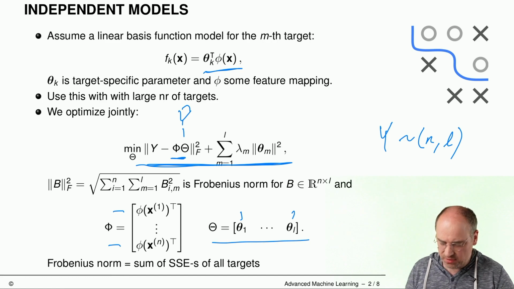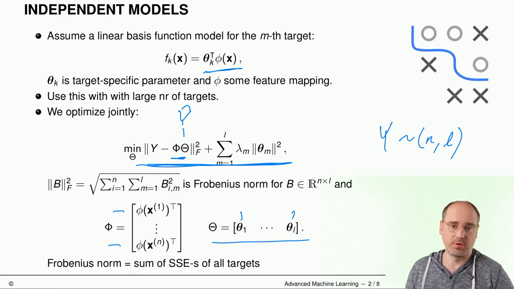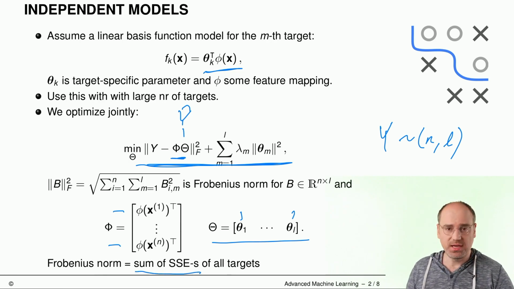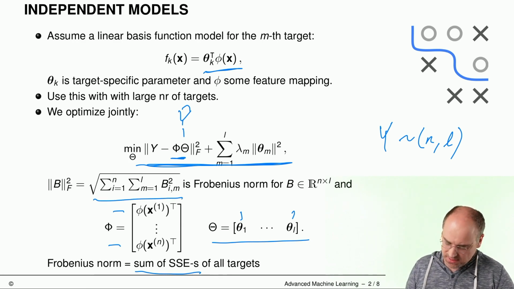You now compare this with your target matrix capital Y, and then you compute the Frobenius norm on this, which is just a very fancy way of saying we are computing the sum of the SSEs for all of the columns individually. If you look at the formula here, you should immediately see this. The Frobenius norm acts on this difference matrix, where we compute the difference between y and y hat.